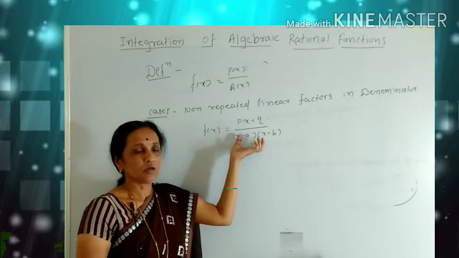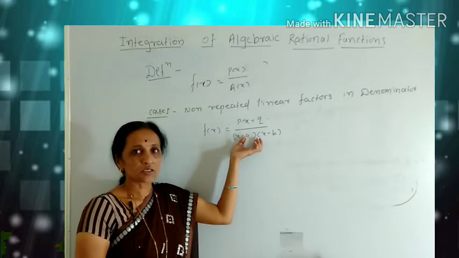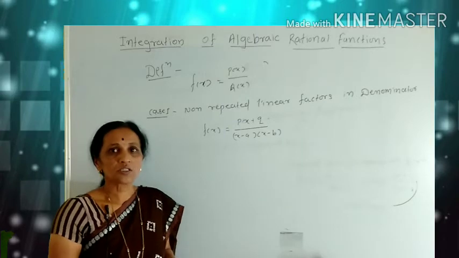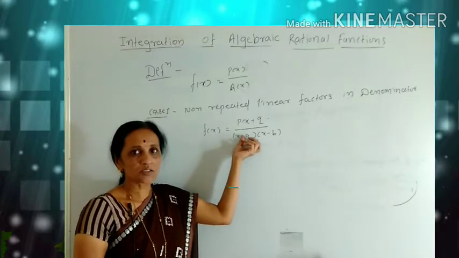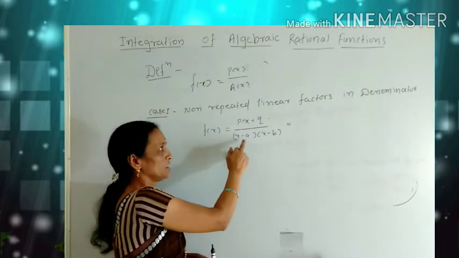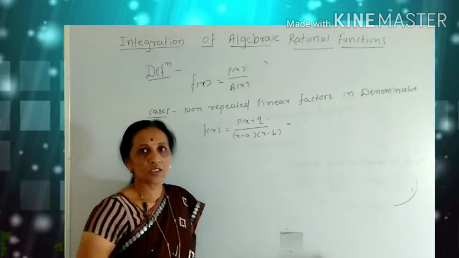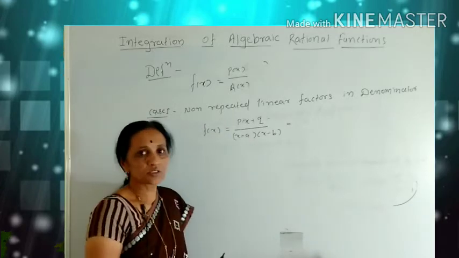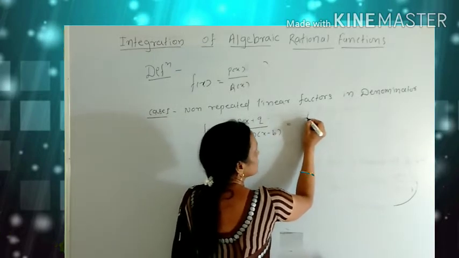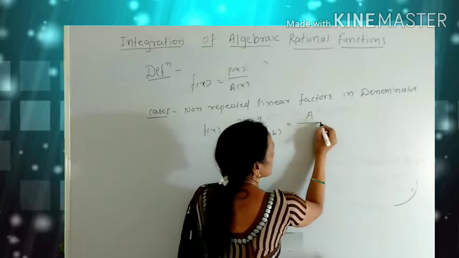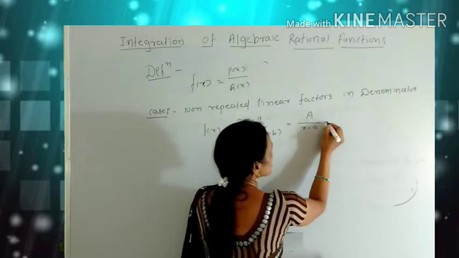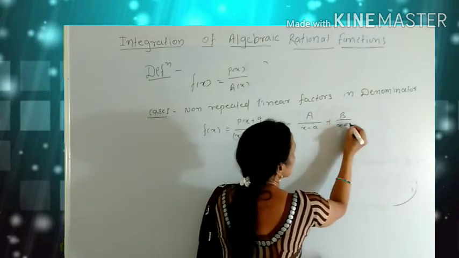Now, when these types of factors are present in your function, we consider the decomposition in this form. If there are two factors, we consider two unknown constants, capital A and B, and write them in the form A / (x - a) + B / (x - b).